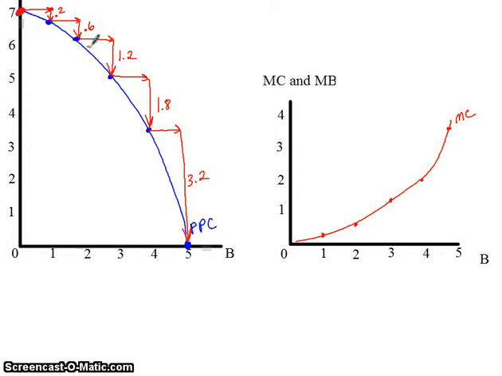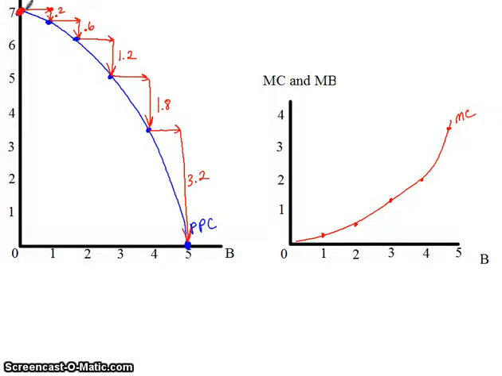So this blue line is that production possibilities curve that gives us all the combinations of guns and butter that are possible. And then we started up here at this point of 7 guns and 0 butter. We said if we start there and we want to add one more unit of butter, then we would have to give up some guns in the process, as we shift some of our productive efforts to producing butter.